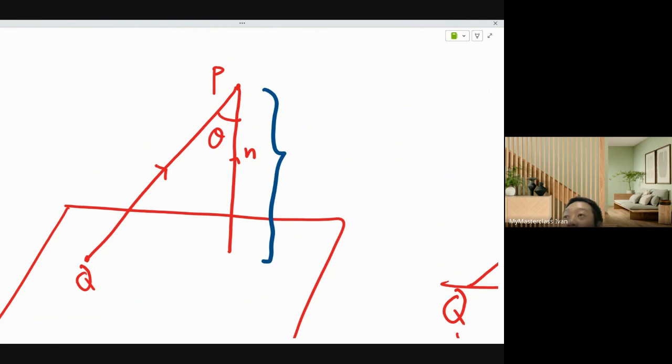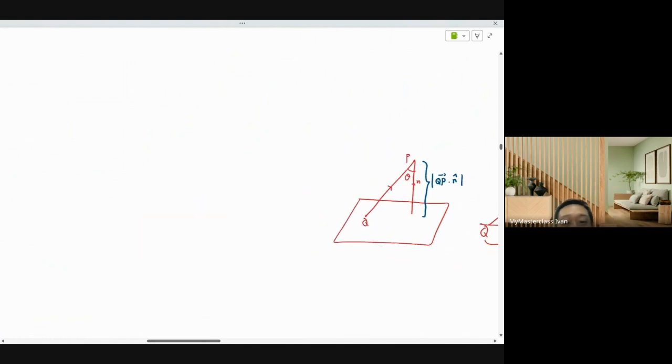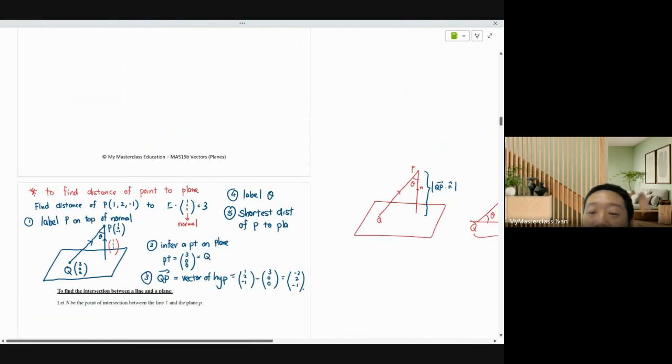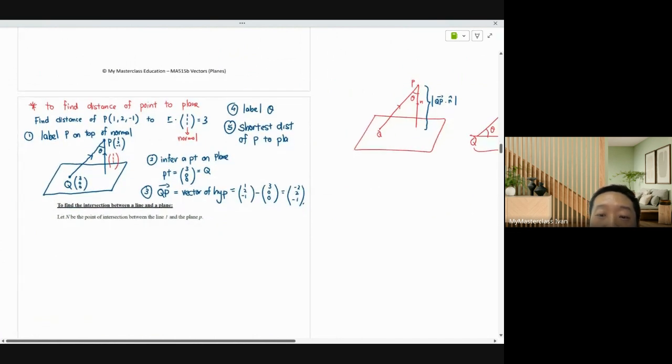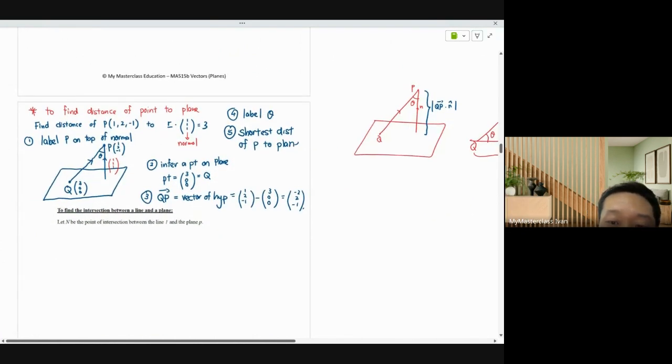Adjacent, use dot or cross? Yes, it's dot. You're correct. The floor is who? The normal N hat. So that's why when it comes to plane, everything is actually just the opposite. It equals, write down, QP dot N hat.